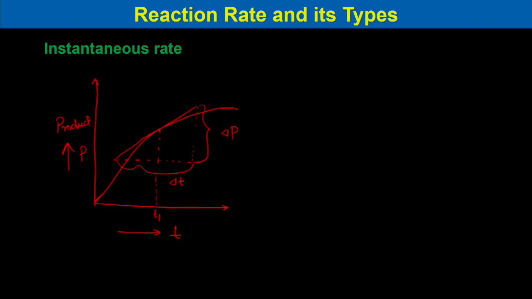So, the instantaneous rate would be equal to delta P by delta t.